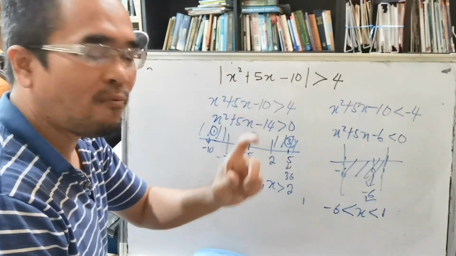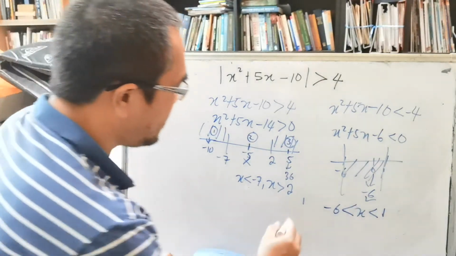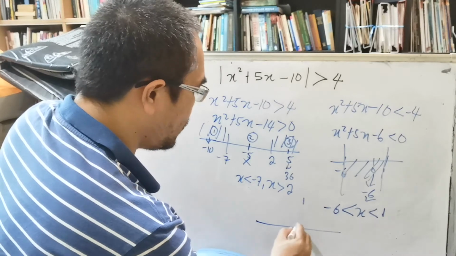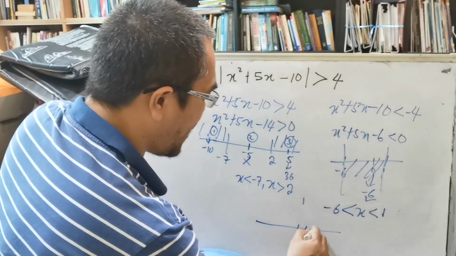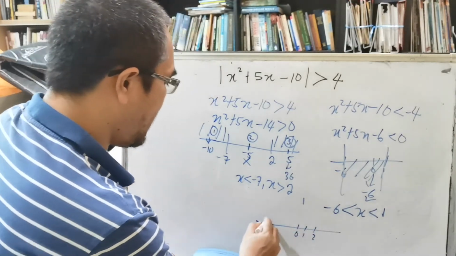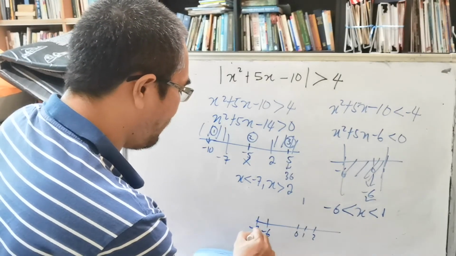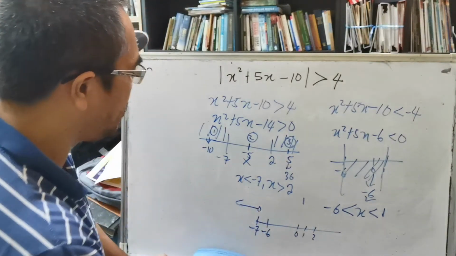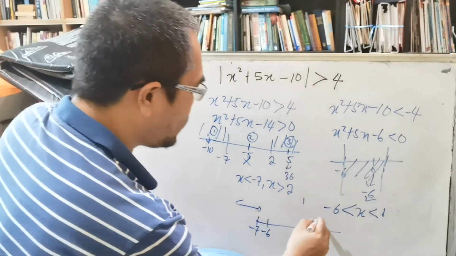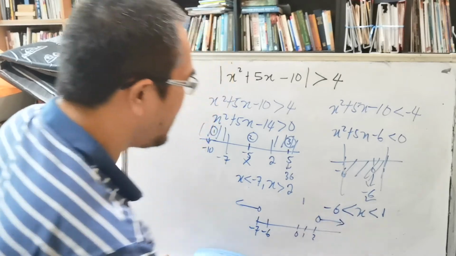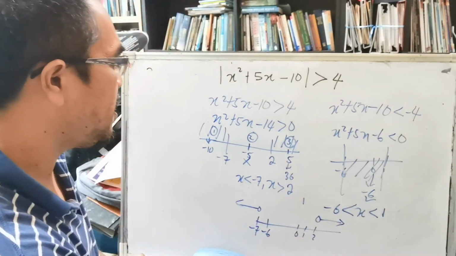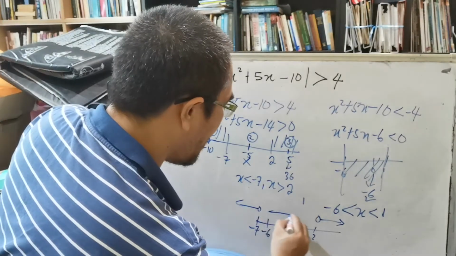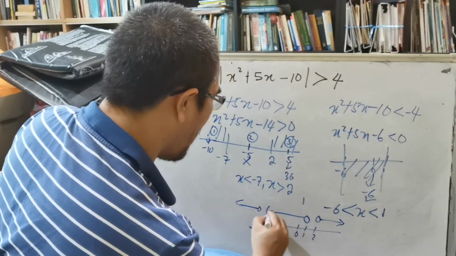I think we should draw 1, 2, 0, and −6, −7. Less than −7 fulfills the requirement, larger than 2 fulfills the requirement, and between −6 and 1 also fulfills the requirement.